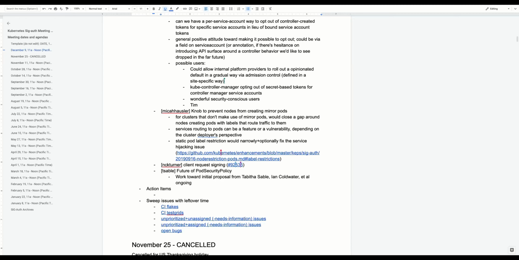We don't need to build it into Kubernetes other than just providing a mechanism for the client to get its requests signed. I think that's the only thing that we would need for us to implement request signing. So I don't know that we need to wade into adding a specific implementation of request signing to Kubernetes, but correct me if I'm wrong.